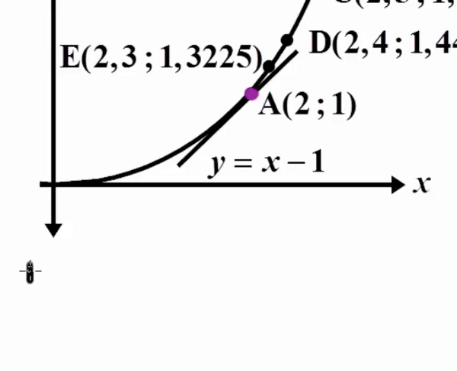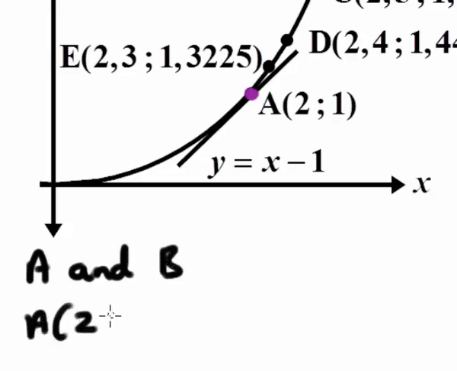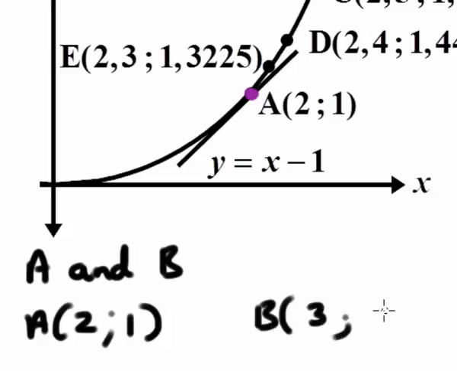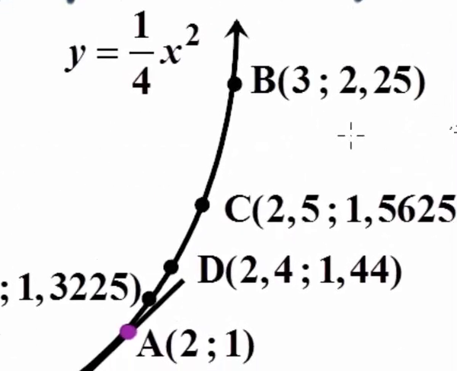So let's look at between A and B. Now what would be the point A? A is the point (2; 1). And B is the point (3; 2.25). Obviously, you substitute x equals 3 into the equation to get 2.25, but I've done that already. What would be the average gradient of the parabola between those 2 points? Well, it's easy.